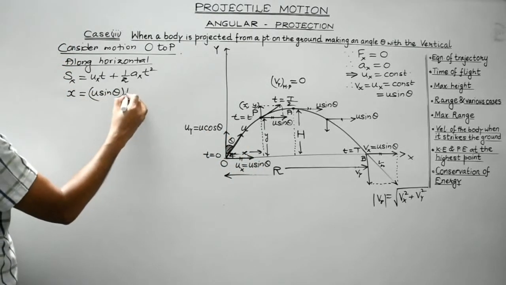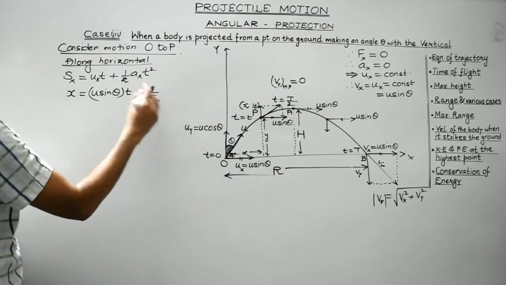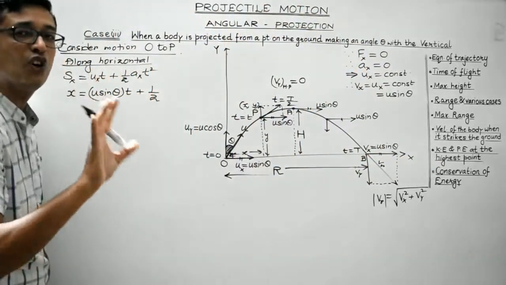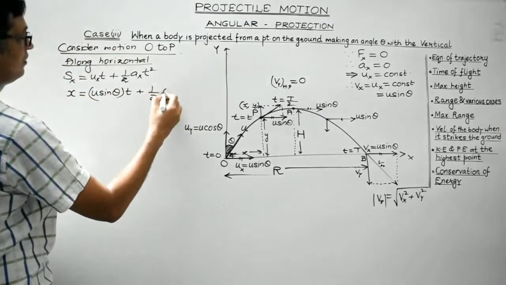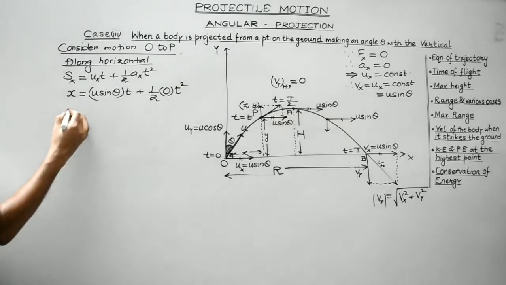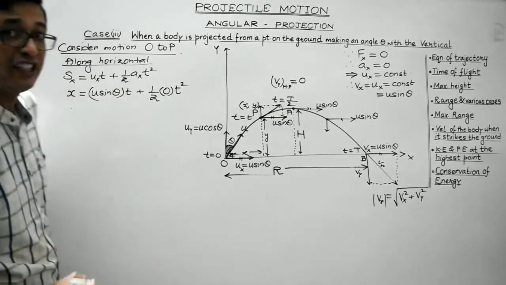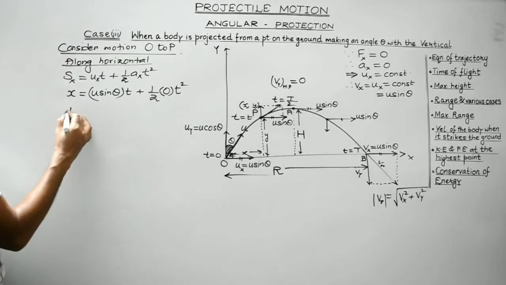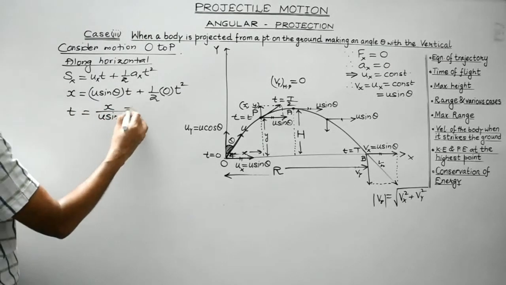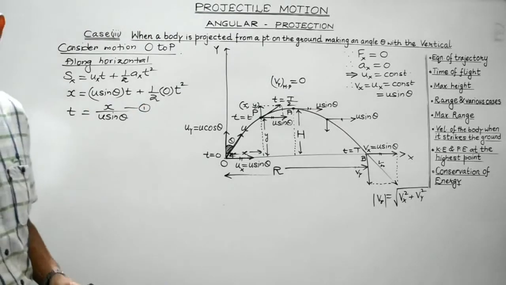It is u sin theta. Time is small t. ax along the ground, the acceleration is always 0. No net force acts along the ground. So what we get is x equals to u sin theta into t. Therefore t will be given by x divided by u sin theta. Put this as equation number 1.